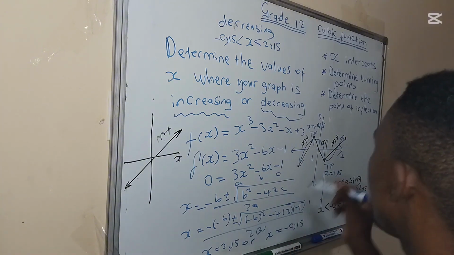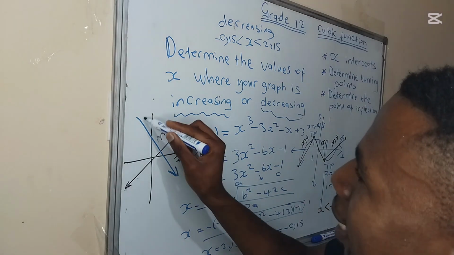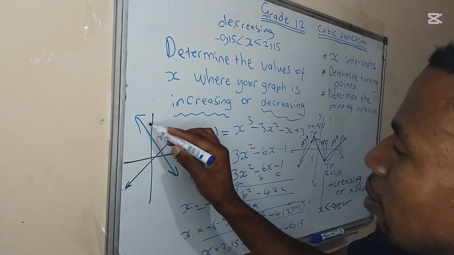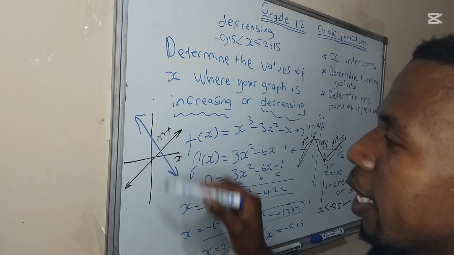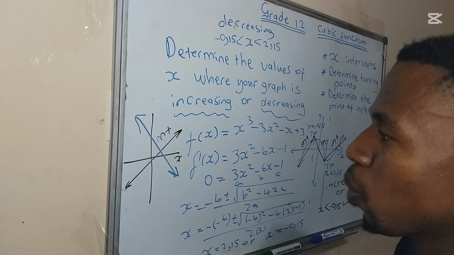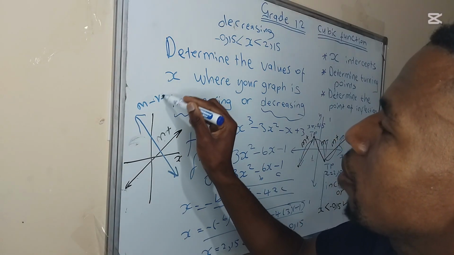As you can see, guys, this straight line is in this form. So the gradient of a straight line that appears in the second quadrant and also in the fourth quadrant is a negative gradient.